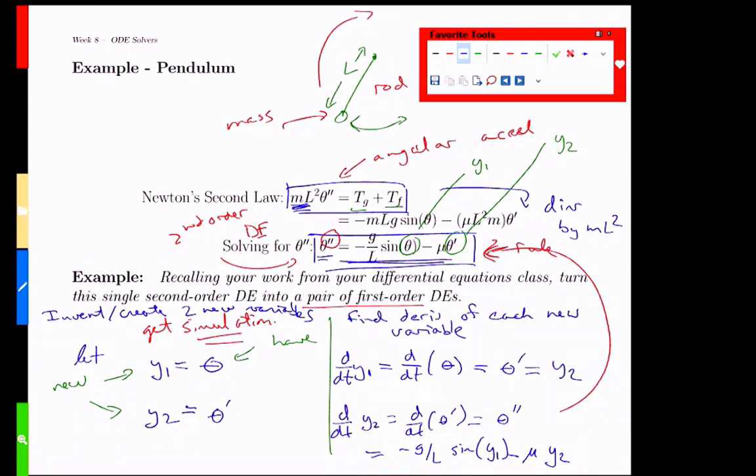So that is how we can transform, that's a lot of red and blue on that screen, that's how we can transform the second derivative equation with one variable into two first order, only one derivatives, equations with two variables. And that process will always work. Whatever original variables you have, make one of those your y1, and then as many derivatives as you need to fill in the rest, make those your y2, y3s, and then ask what's the derivative of each of those equal to, and express it in the new variables.